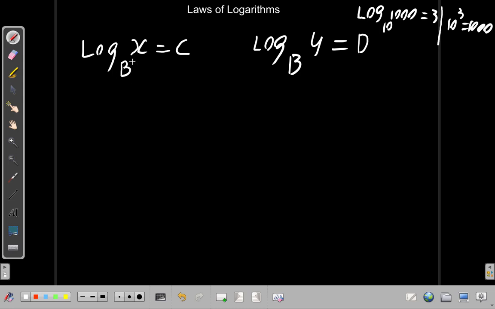Now, let's rewrite this, but in index form. Notice in log form, the 10 is the base. Up here, the 10 is the base in log form. It's also the base in index form. It's the number that you raise to the power. So b is the base in log form.